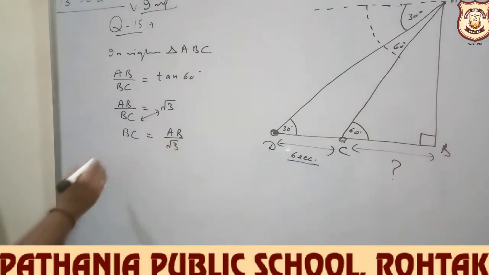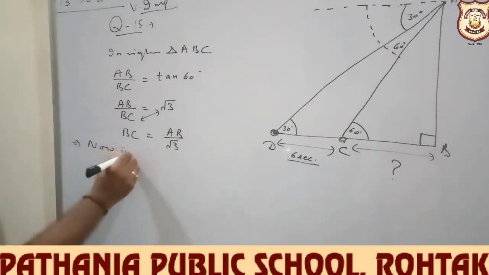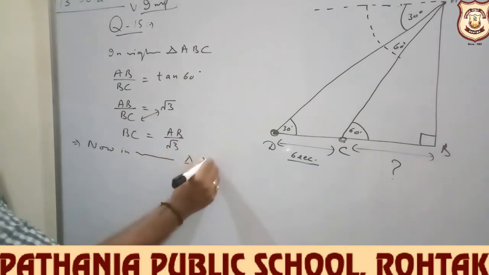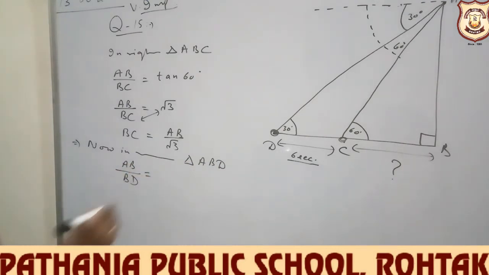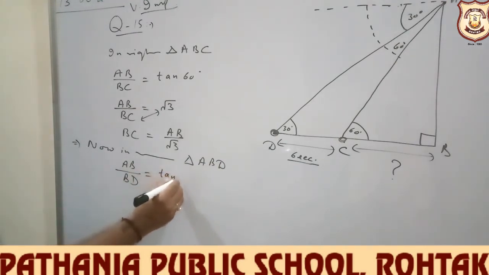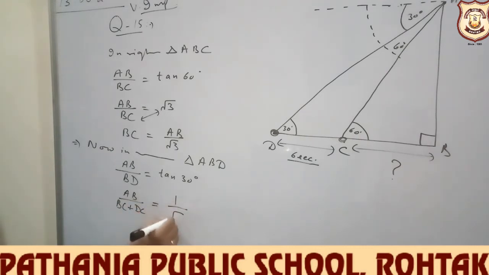Write like this. After this you can write, now in right angle triangle ABD, AB upon BD equal to tan theta, tan 30 degrees. AB upon, in place of BD, BC plus DC, equal to 1 by root 3. Like this you can write.